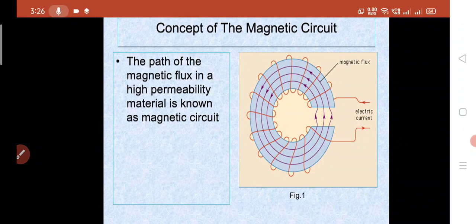An electric circuit provides path for electric current, whereas magnetic circuit provides path for magnetic flux.